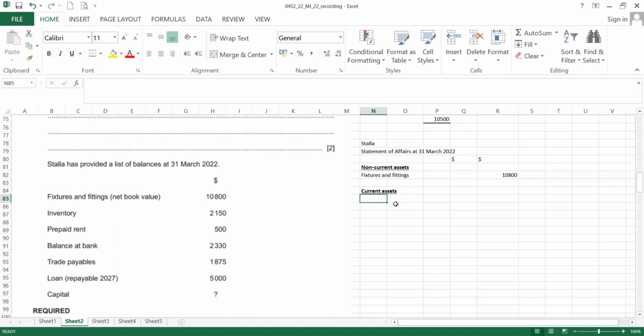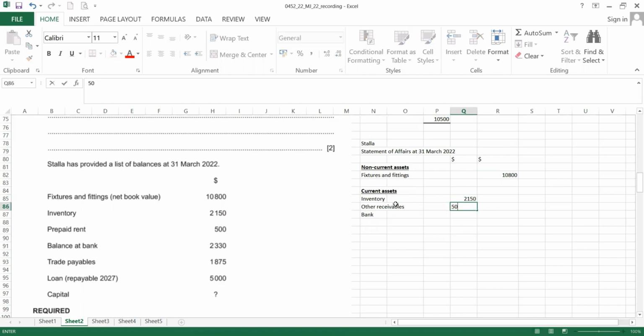So let's see how many items we have. We have inventory. We have prepaid, which is the other receivable. Then we have the bank balance. And then that's all. Inventory is 2150.